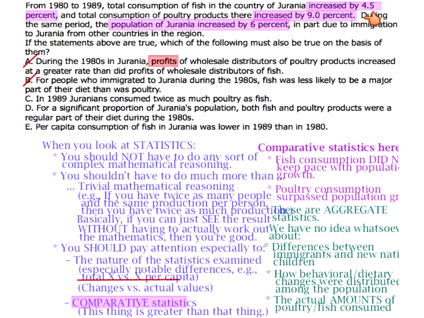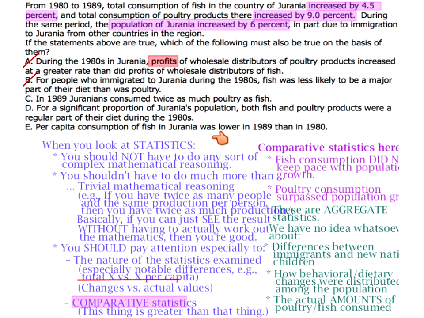For example, let's say that fish got expensive more quickly than chicken did. Then these percentage increases could just be entirely due to those price changes in society as a whole. There's no reason to think that immigrants brought these percent changes. It certainly does not have to be true.